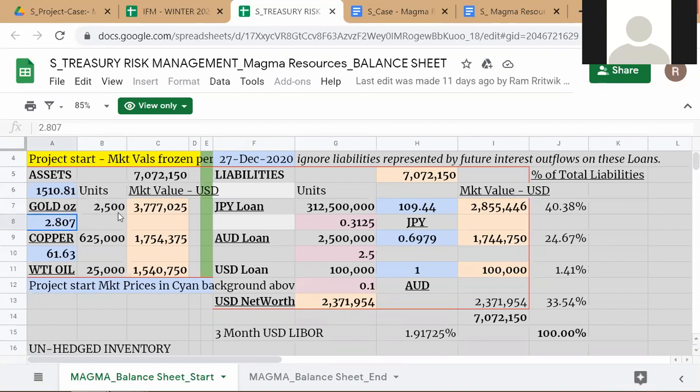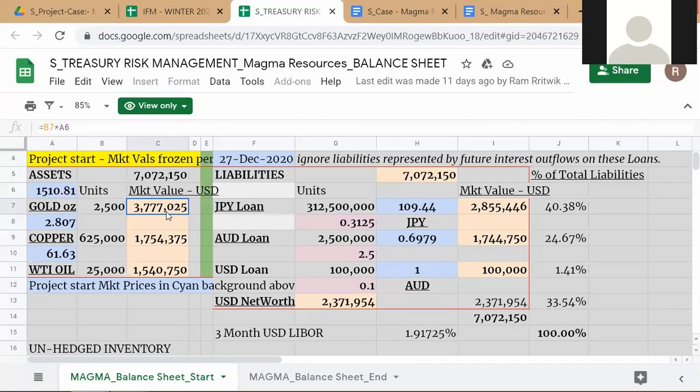Then, of course, these are the units. So you have 2,500 troy ounces of gold at a price of 1510.81, and that's why you see the market value. If you can see, I know you're not allowed to do F2 when you have view, but you can see it is B7 into A6. A6 is the price, and B7 is the number of units.